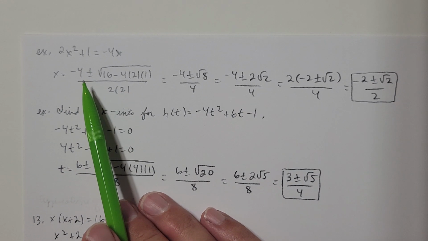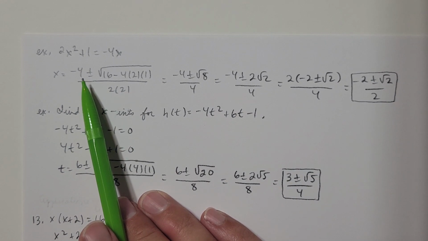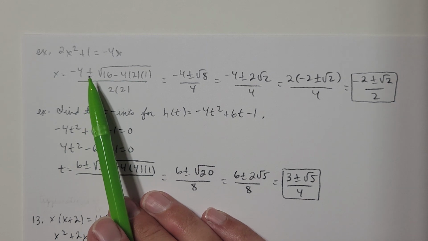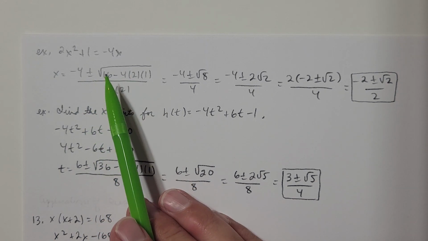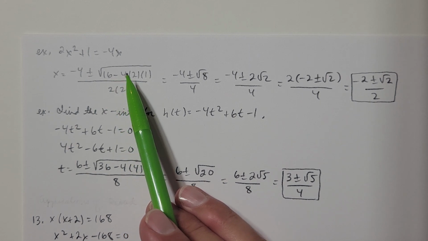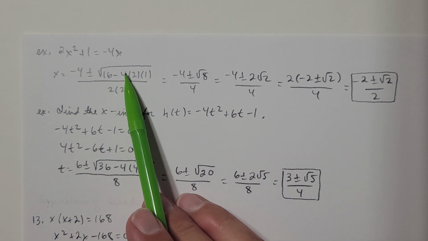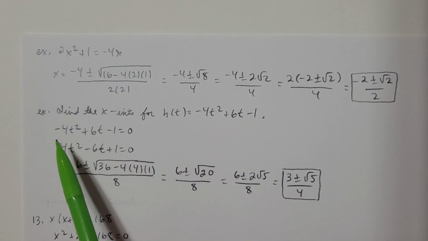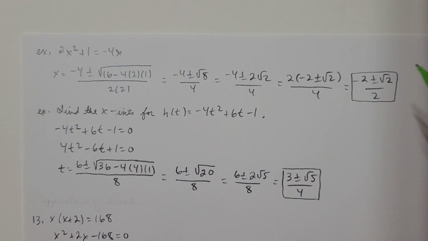Which means that x is the opposite of b. The opposite of 4 is negative 4, plus or minus the square root of b squared. 4 squared is 16, minus 4 times a, which is 2, times c, which is 1. And this is all over 2a. 2 times 2, that'd be 4 in the denominator.